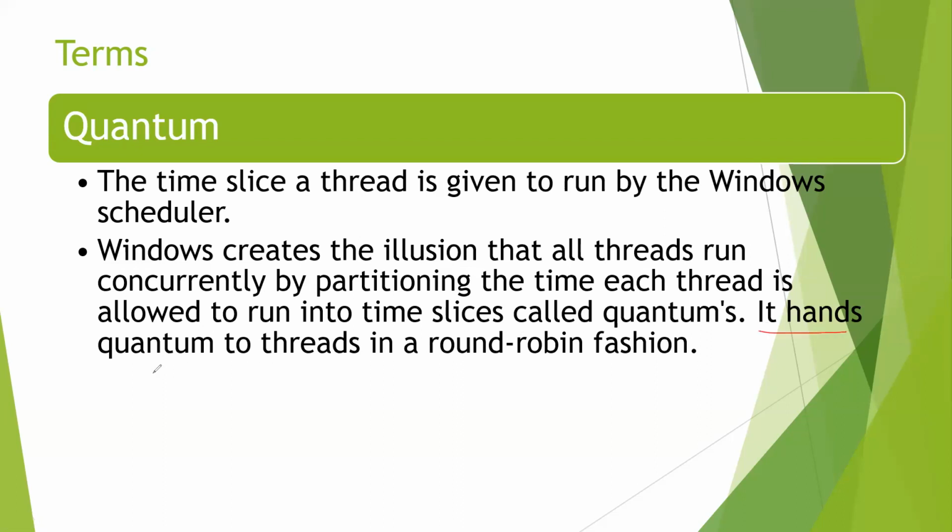It hands the quantum to threads in a round robin fashion: the first thread in the queue executes, and after 4 milliseconds the next thread gets its 4 millisecond slice, and so on for each thread in the queue.